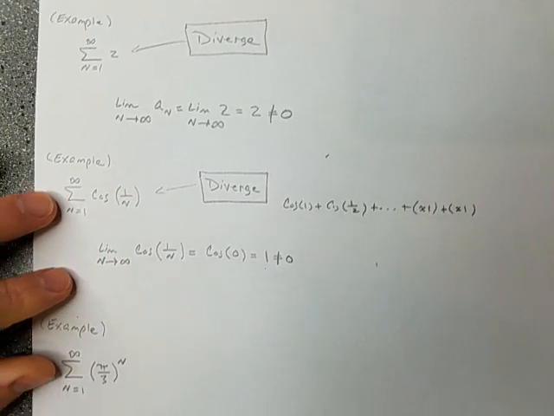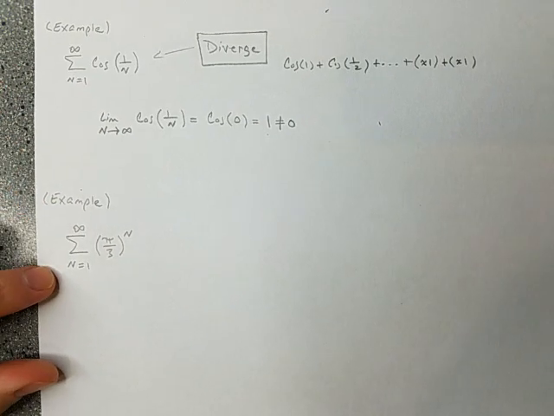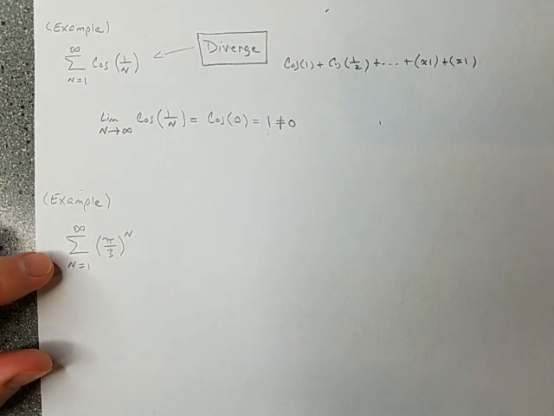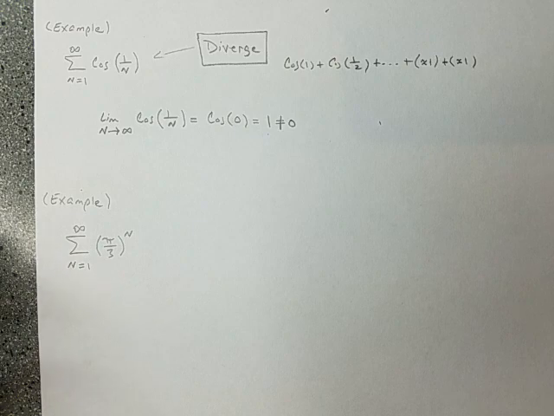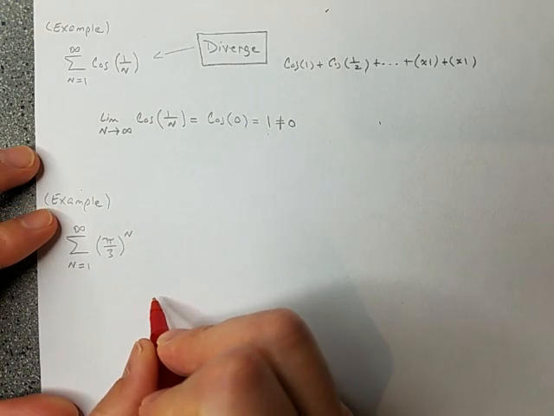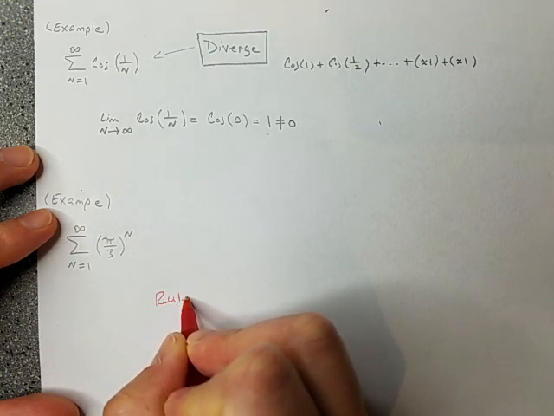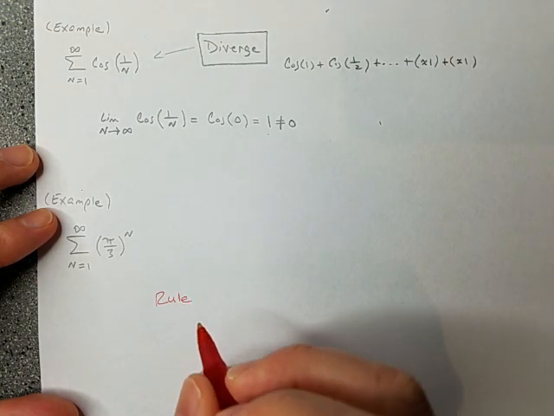Okay? All right, now to do this one, in the video I made about sequences, I talked about some rules for limits. So let me remind you of one of the rules that we had then.